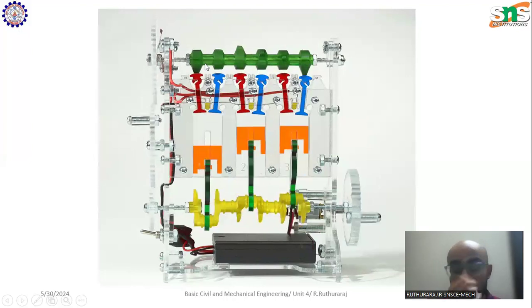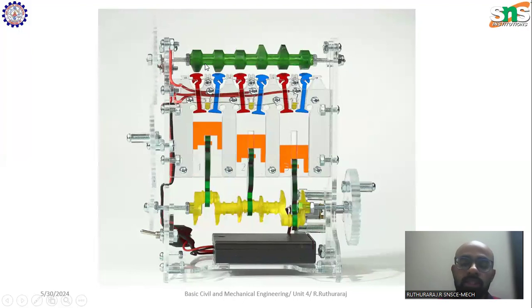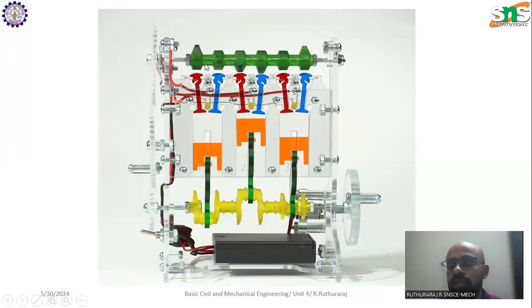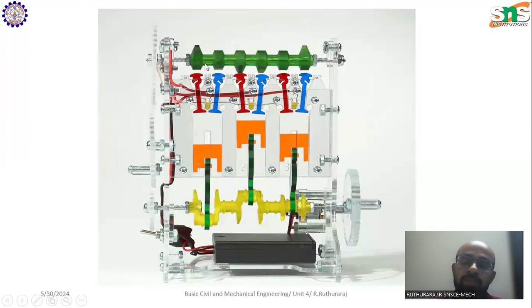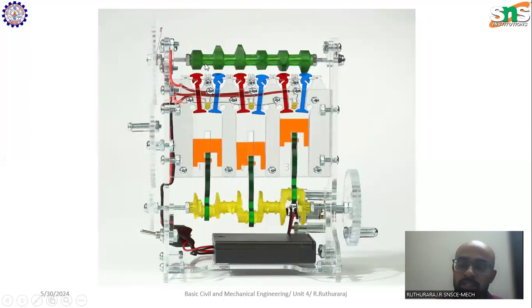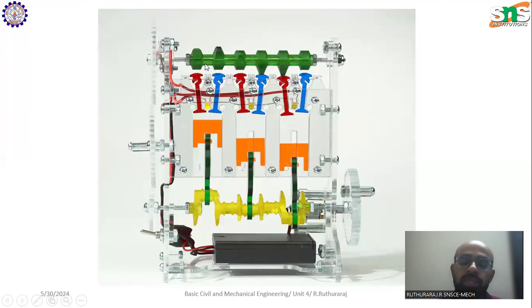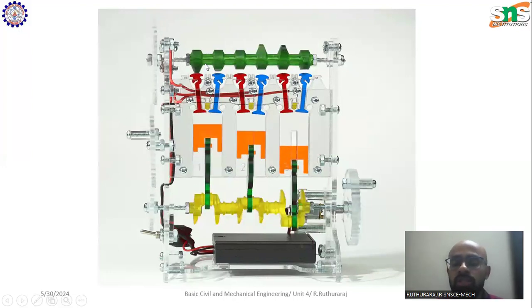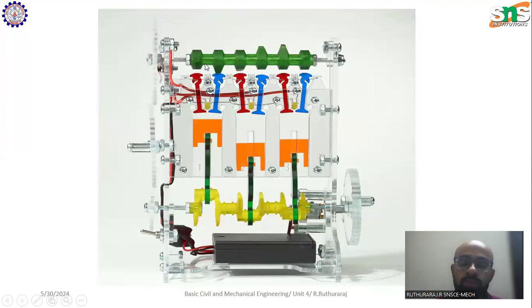Cams are parts which are used for providing periodic motion. Periodic motion is motion that takes place for a short period of time. If you take a 360-degree rotation, it will provide motion for only a certain number of seconds. That is called periodic motion.